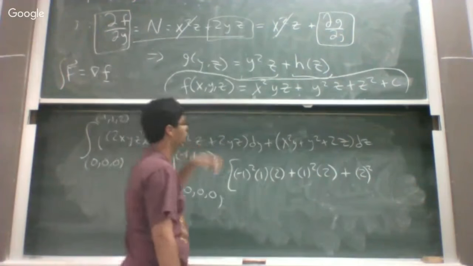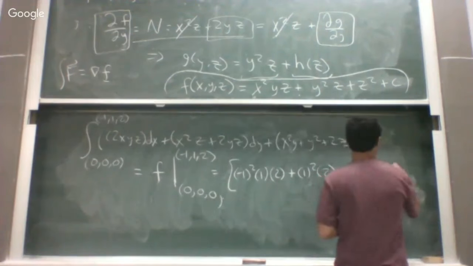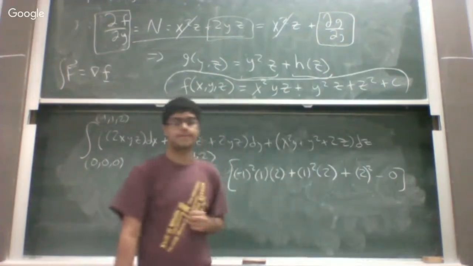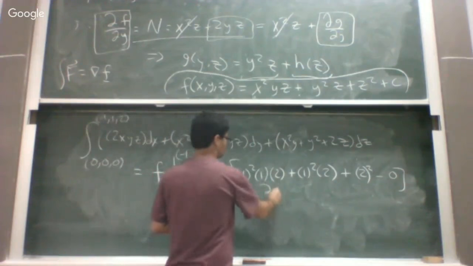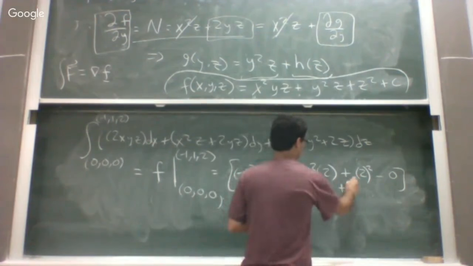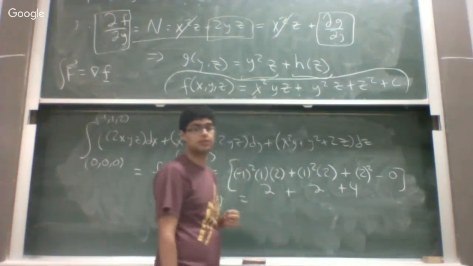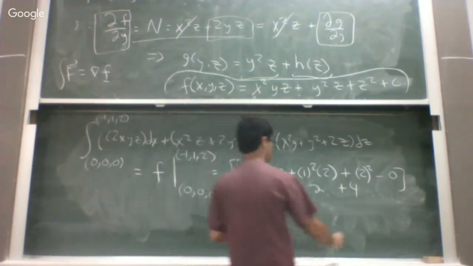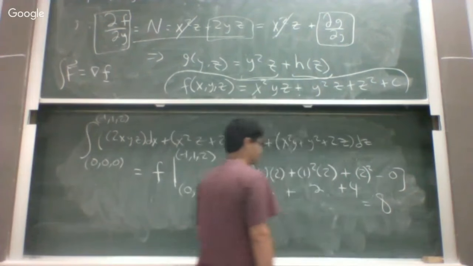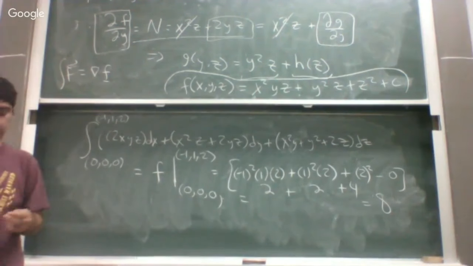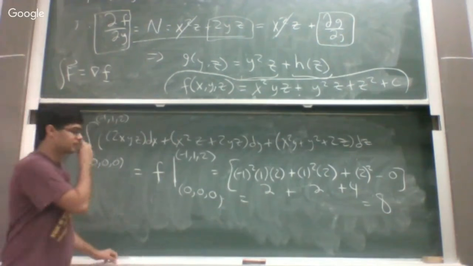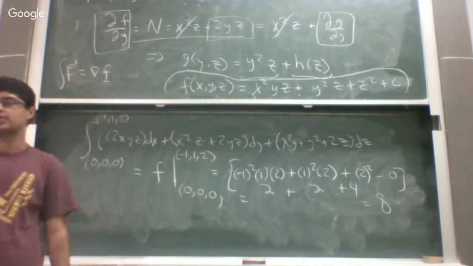And then if these are all zeros, we subtract 0. That's equal to a 2 plus a 2 plus a 4, which is 8. Did that all make sense?